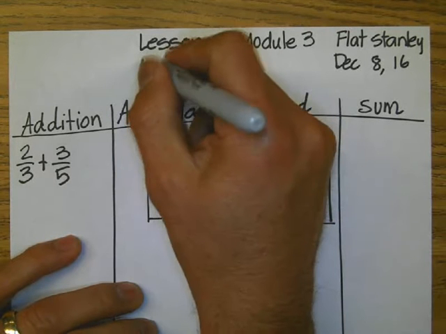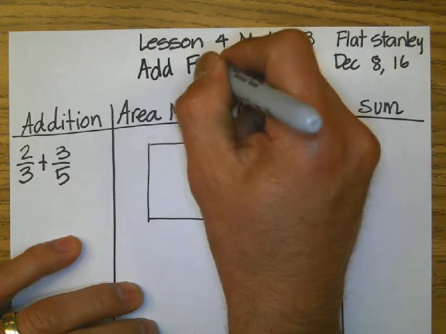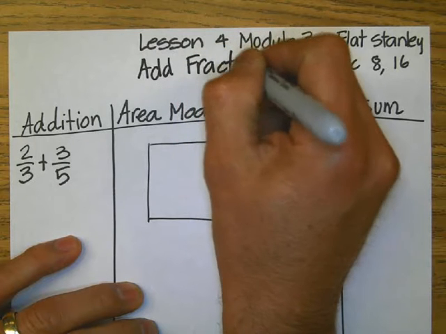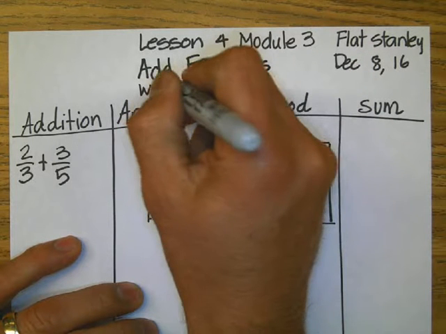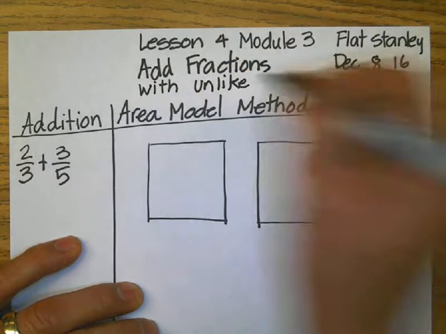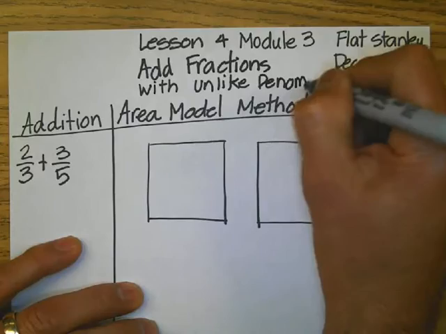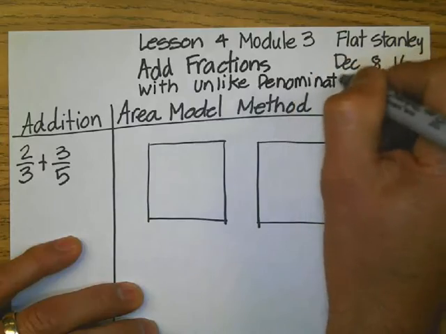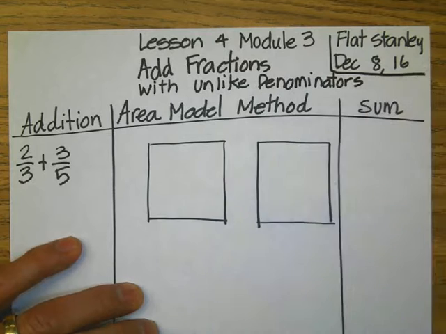We're adding fractions with unlike denominators.